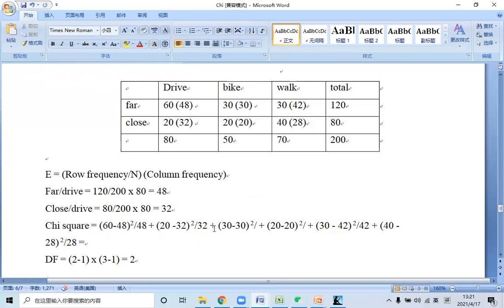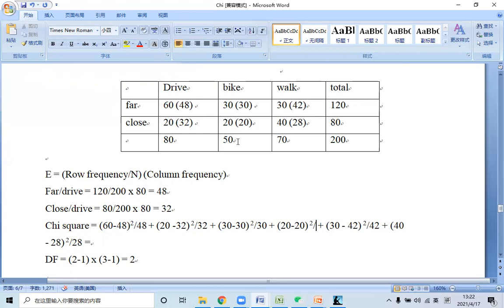And here I need to complete that. I didn't complete this one. So for bicycle, people who live far away and who ride a bicycle, the expected value is 30, the observed value is also 30, and you divide by the expected value, but it's the same as the observed value.